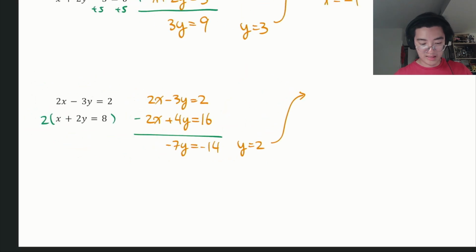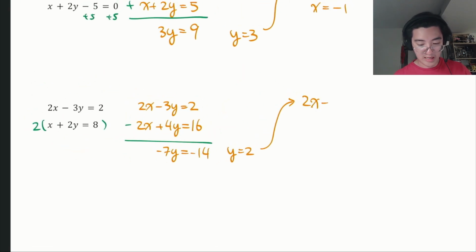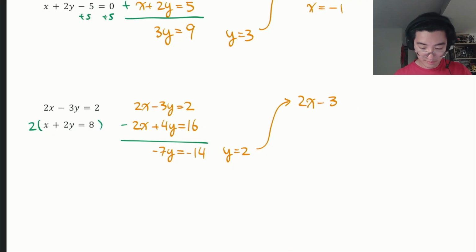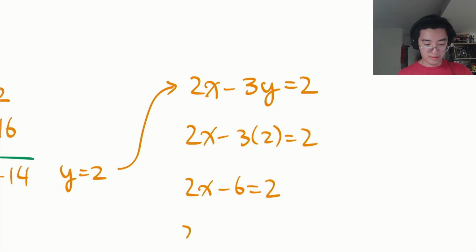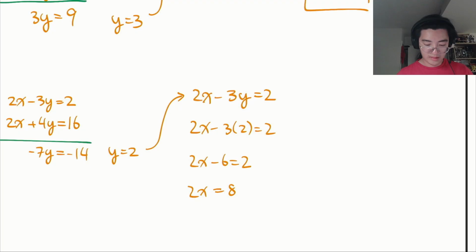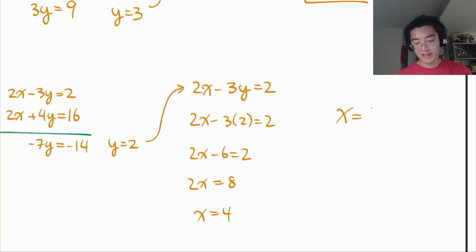Okay, plug that into our original equation. 2x minus 3 times 2 equals... oh, okay, don't want to skip steps here. That's our original equation. So 2x minus 6 equals 2, which is 2x equals 8. Okay, so x is 4. Our answer: x equals 4, y equals 2. Done.